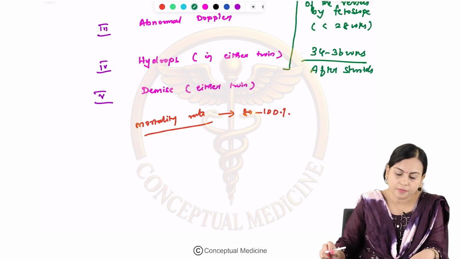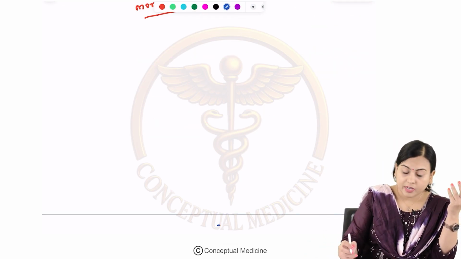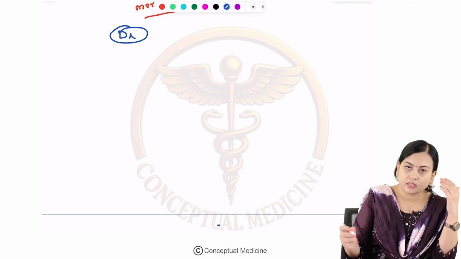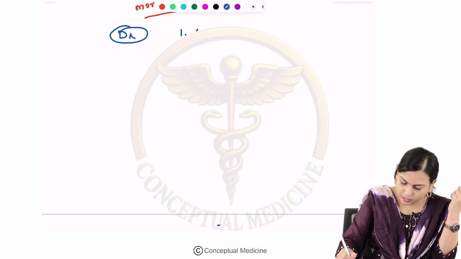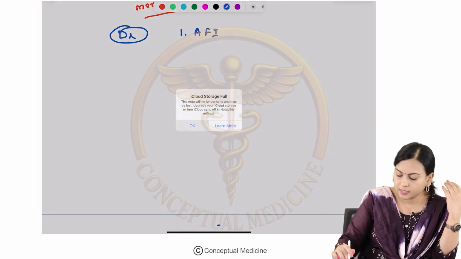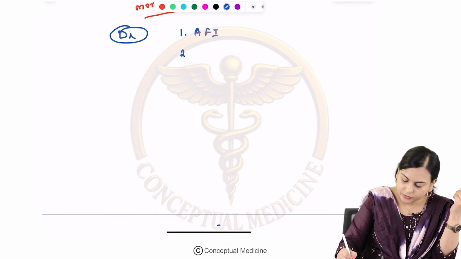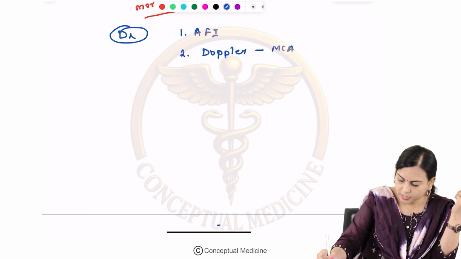So to summarize, how have we diagnosed the TTTS? First one, we checked the amniotic fluid index. Second one, we can even check the MCA Doppler, right? So Doppler can be checked, MCA peak systolic velocity.